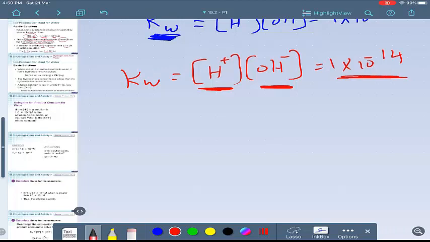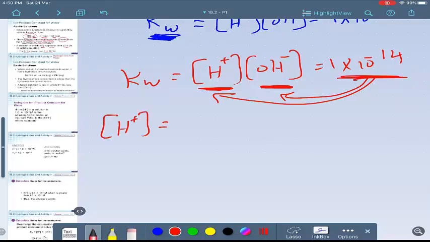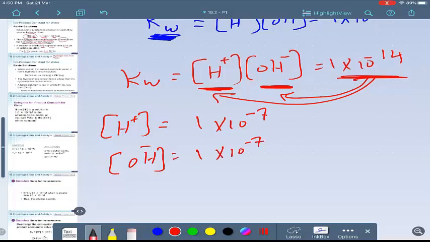So if this value is divided by 2 of them, the concentration of H positive equals what? And the concentration of OH equals what? 1 times 10 power of negative 7 and 1 times 10 power of negative 7.